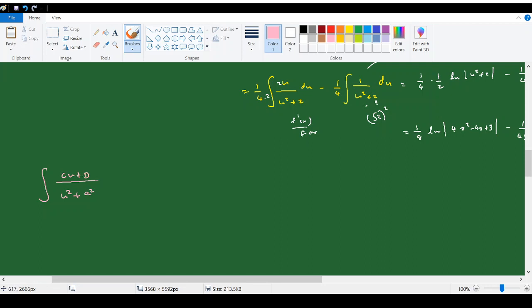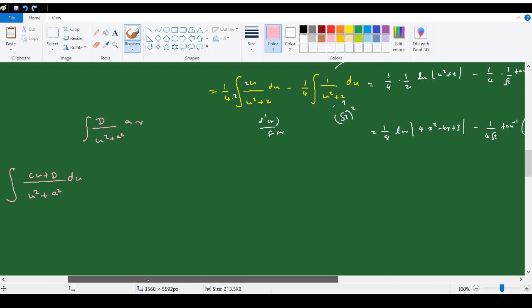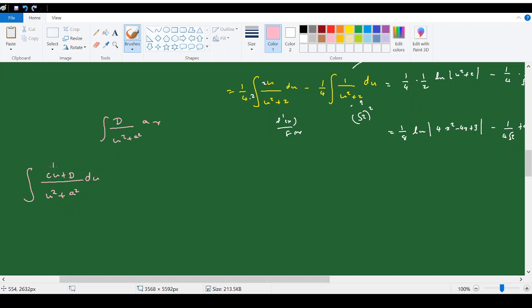When you have an irreducible quadratic term in the denominator, and a numerator which has degree 1 or less, if it is just a constant, we can use that tan inverse result for the integral. But what if it has a second degree polynomial? Then it is an improper fraction, so you can do the long division.